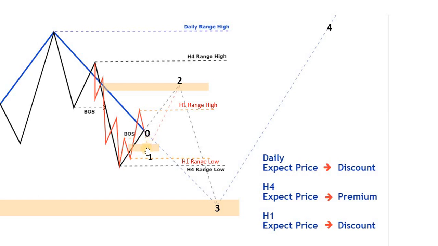We can actually scale down to an even lower time frame, but for the sake of simplicity, we will look for a break of structure, or an accumulation schematic, to take price up to about this level, which is the premium level of the 4 hour trading range. So if we are now at 0.2, it means we have satisfied this second level.